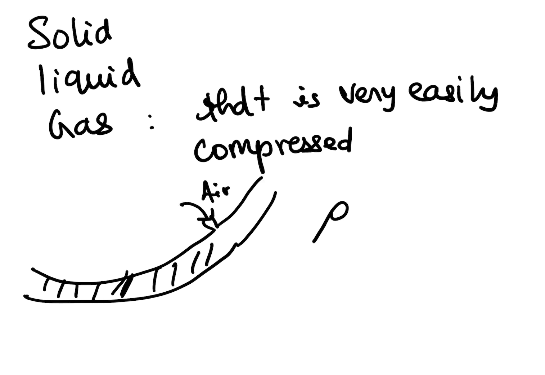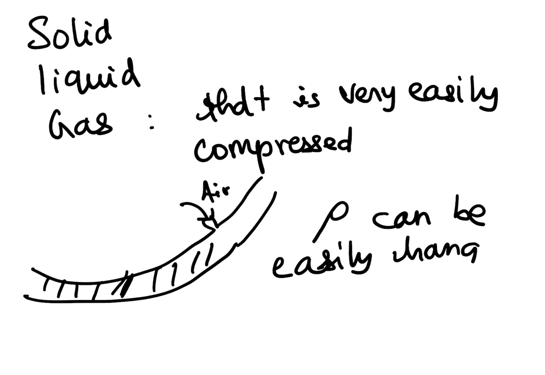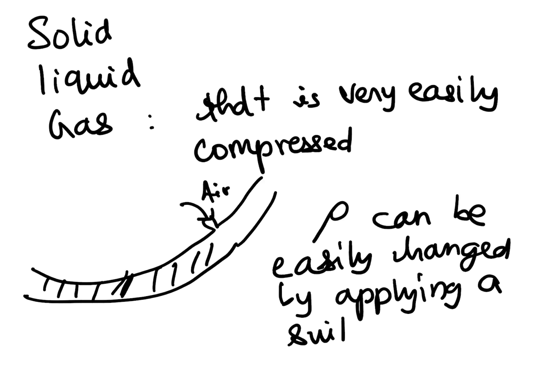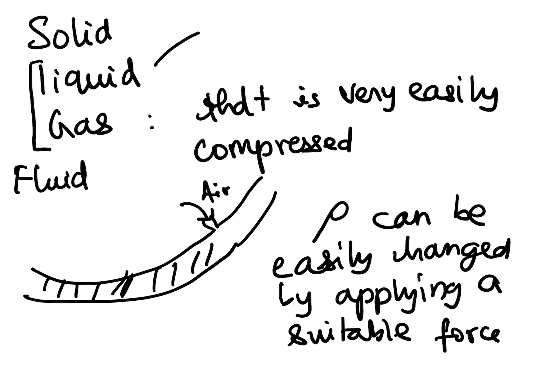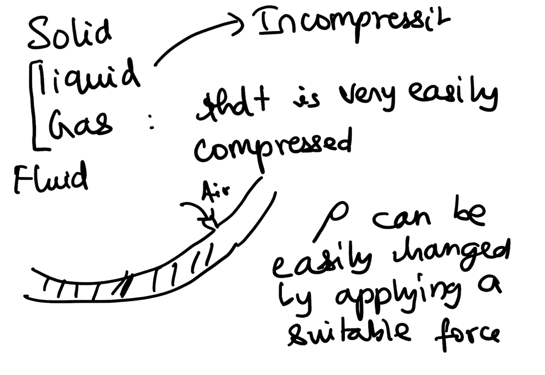The density can be easily increased or decreased, easily changed by applying a suitable force. So liquid and gas, they both come under the same classification of fluid, but a liquid is usually incompressible, whereas a gas may be compressed relatively very easily.